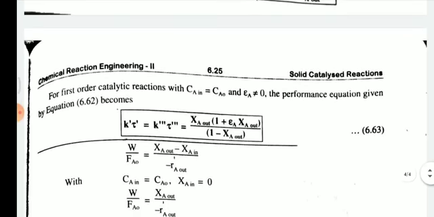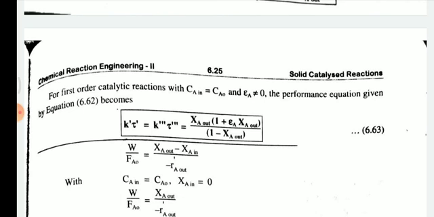So for the first order catalytic reactions with Ca in equal to Ca0, we will consider the inlet as the initial case, Ca0, and epsilon A should be 0.